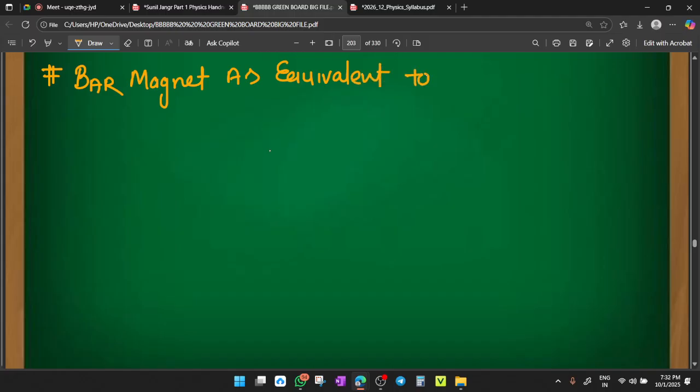So write the heading: bar magnet is equivalent to solenoid. Here we have a given solenoid.